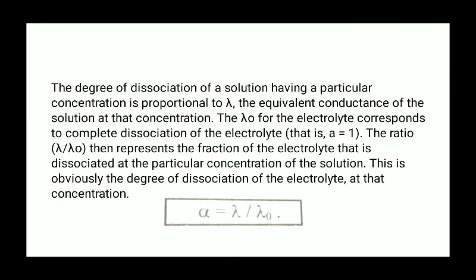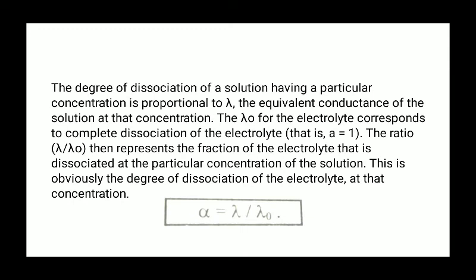The degree of dissociation of a solution having a particular concentration is proportional to lambda, the equivalent conductance of the solution at that concentration. The lambda 0 for an electrolyte corresponds to complete dissociation of the electrolyte, that means alpha is equal to 1.